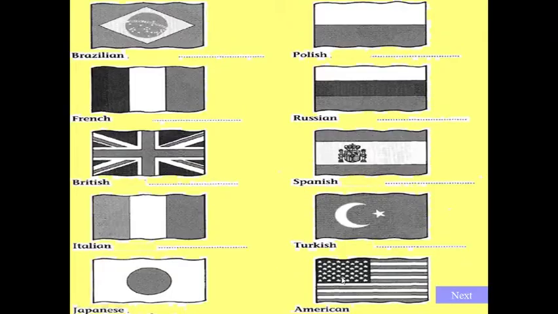We have France as well, Russia, Great Britain, Spain, Turkey, Italy, Japan, and finally the USA, or the United States of America. Okay, so here we have the flags. This is the Brazilian flag. Obviously all of you guys probably know this flag. Polish, French, Russian, British, Spanish, Italian, Turkish, Japanese, and finally American.